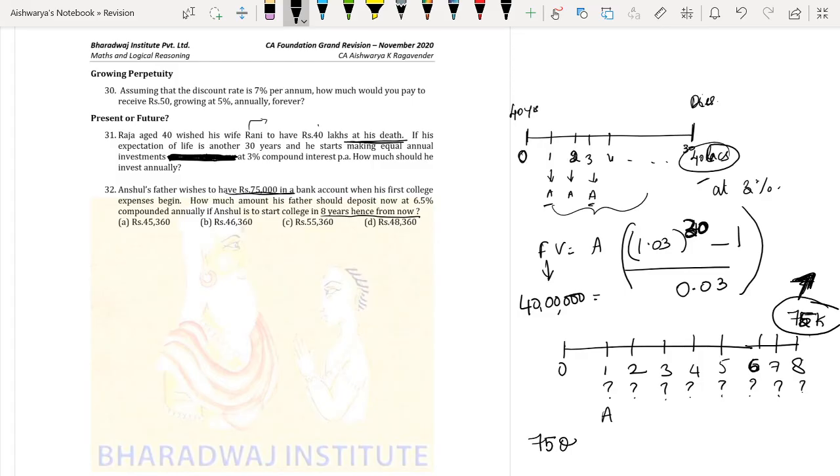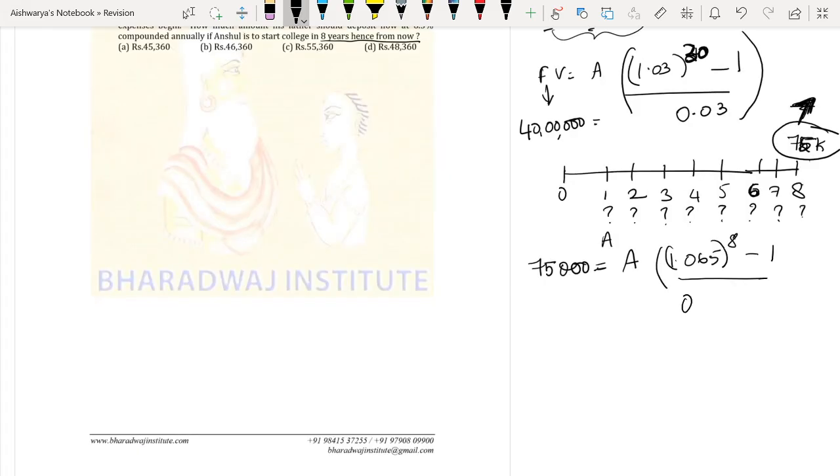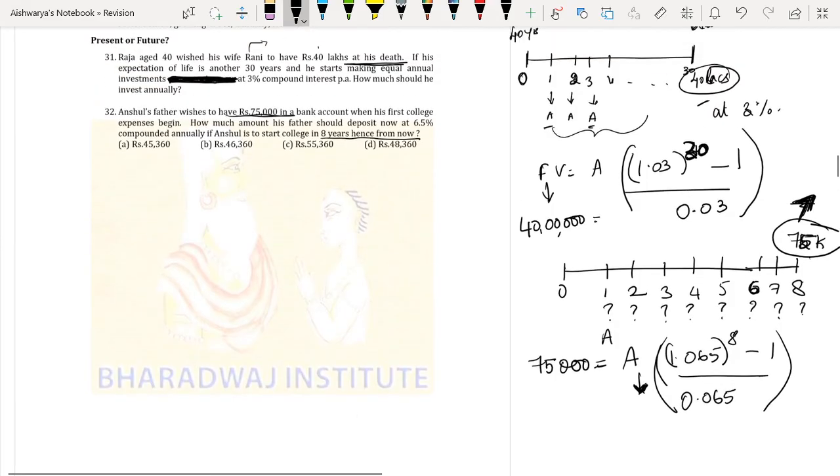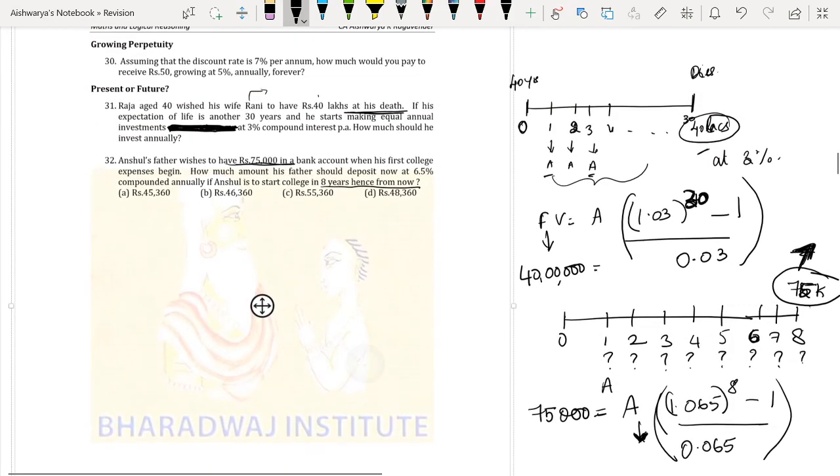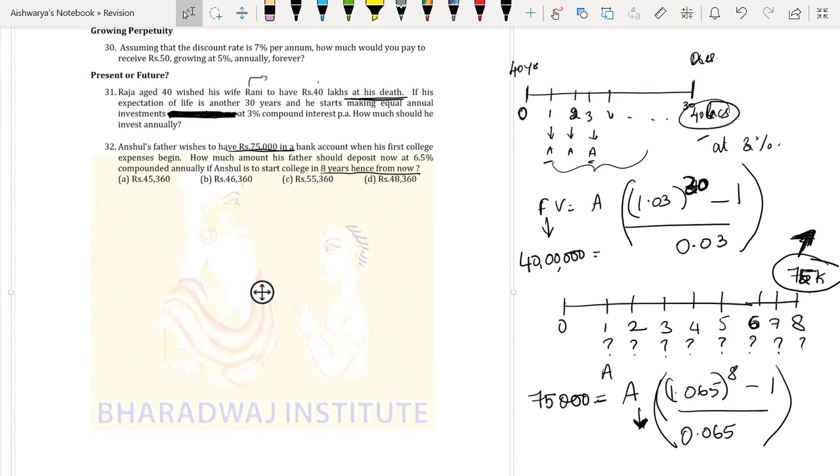You will say 75,000 is equal to A into 1.065, the whole power n, where n is 8 years, minus 1, divided by 0.065. Okay, this will give you the value of A. This is also a future value question. Are we clear completely now? Are we clear with this?